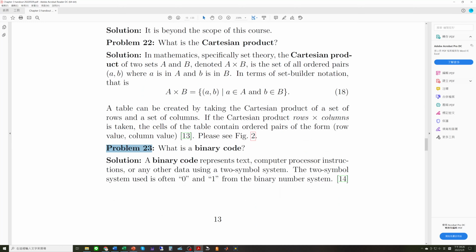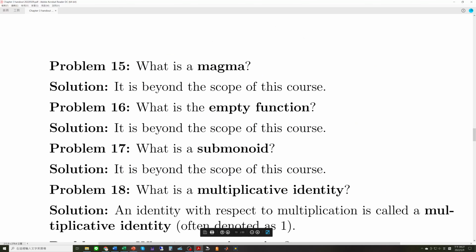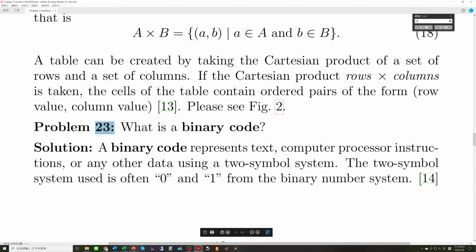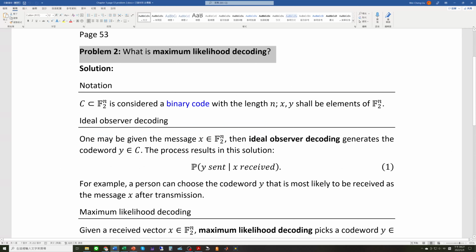Problem 23, what is a binary code? Why do we need to know what a binary code is? Because it appears in the solution to problem 2, what is maximum likelihood decoding?